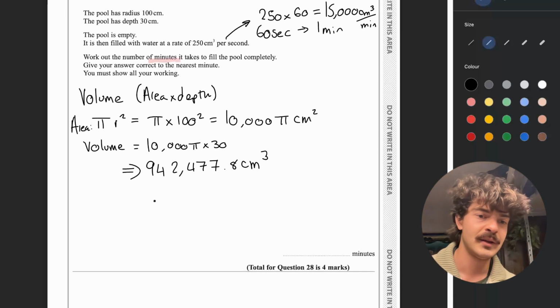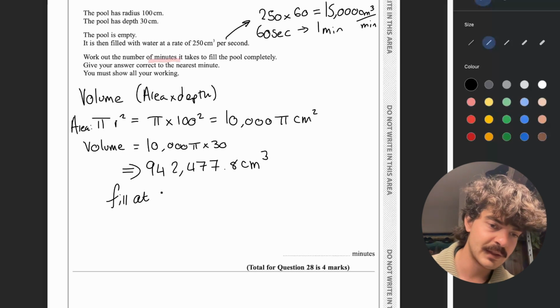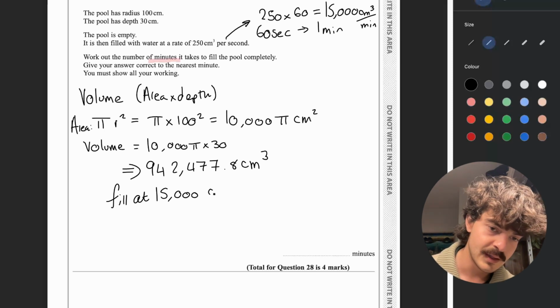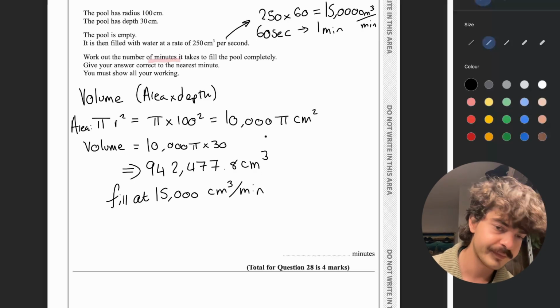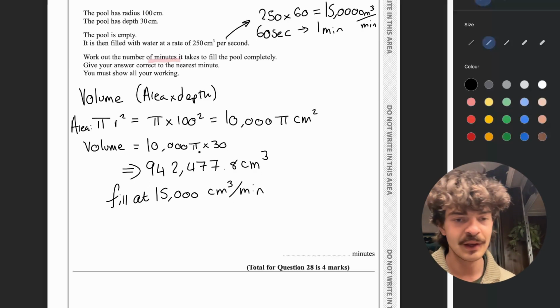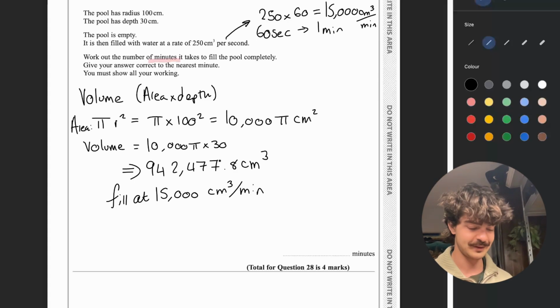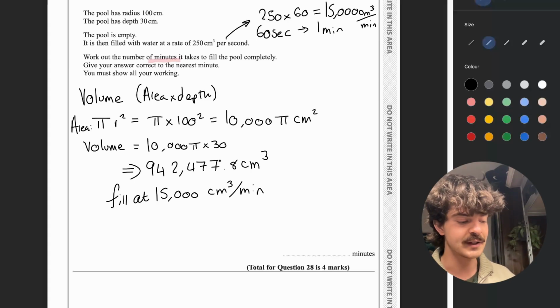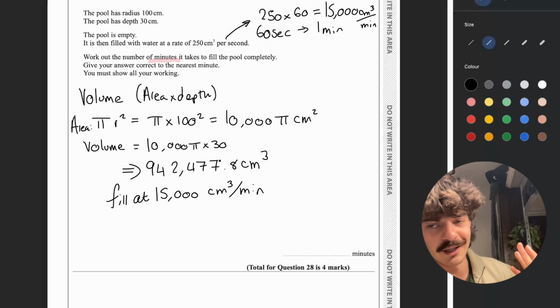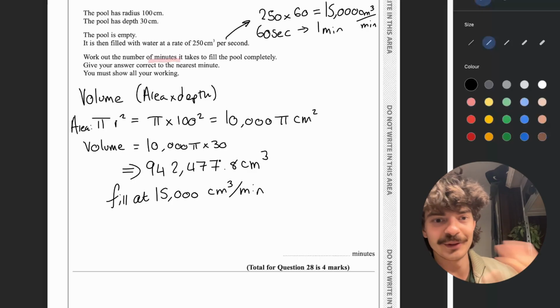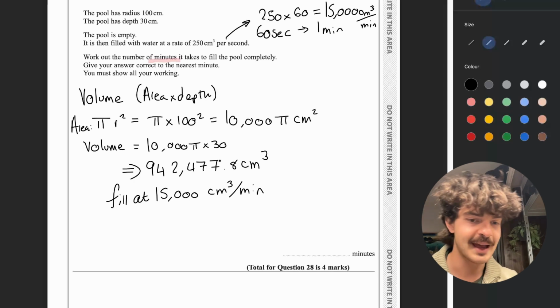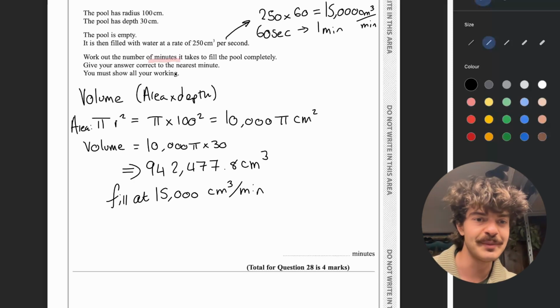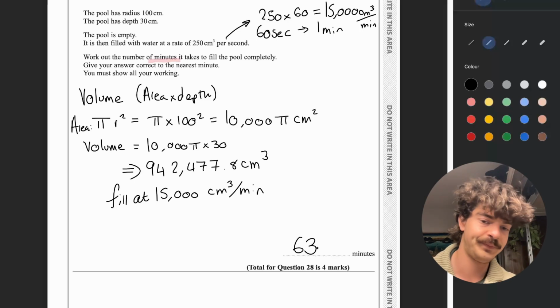If we fill at 15,000 centimeters cubed per minute, our calculation is actually fairly simple. We're going to take the 942,477.8 and divide it by that 15,000. That calculation in essence is just asking how many times it takes this 15,000 to happen until you've hit that capacity. And our answer to the nearest minute is 63. Nice.